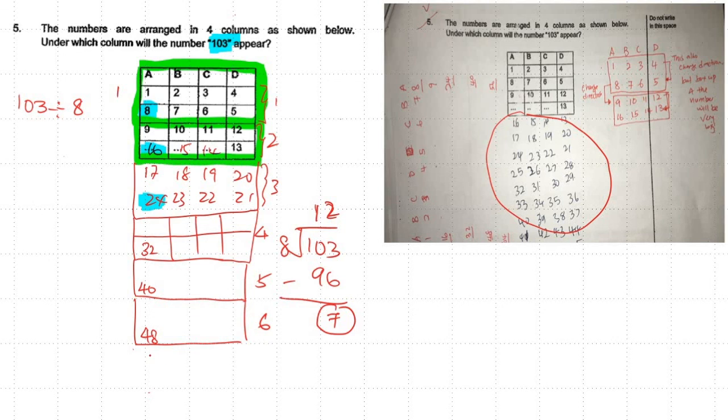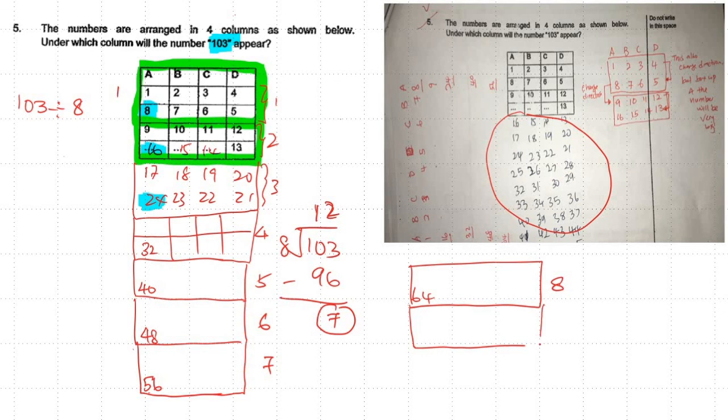6 set. Then 8 times 7 will be 56. Then come over here will be my 8 set. 8 times 8 will be 64. I should have 12 sets, right? Then 8 times 9 will be 72.